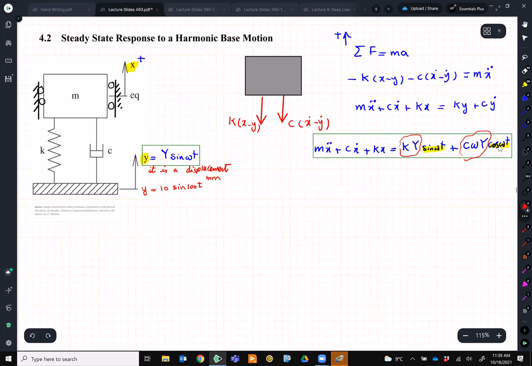I combine everything to get the final answer. But let's say that somebody did all the hard work and we just care about the final answer. x(t) will be X sine omega t plus phi. That's the response of the system.